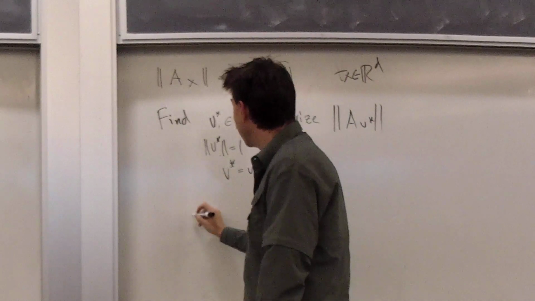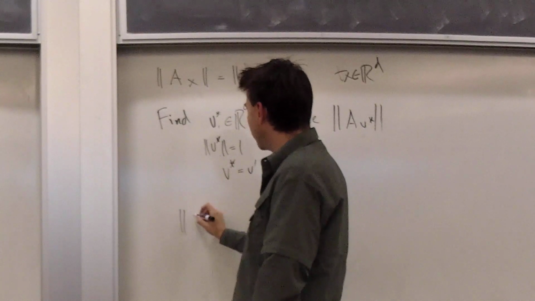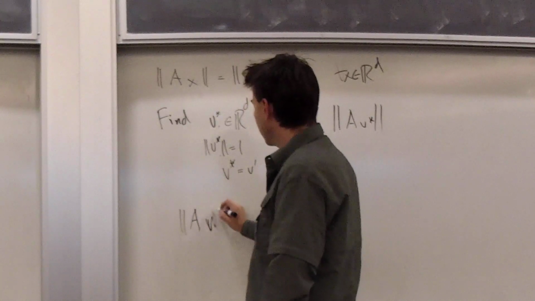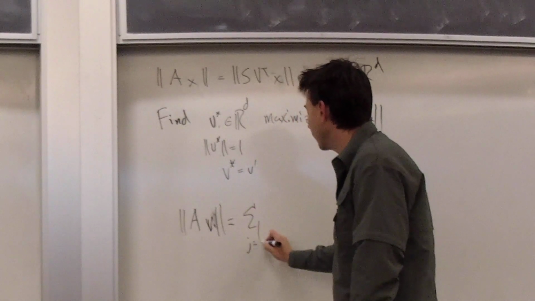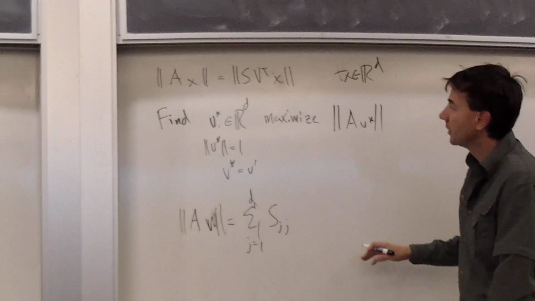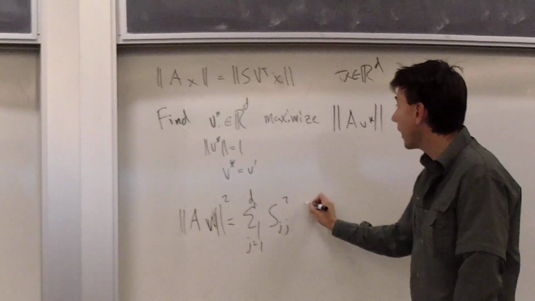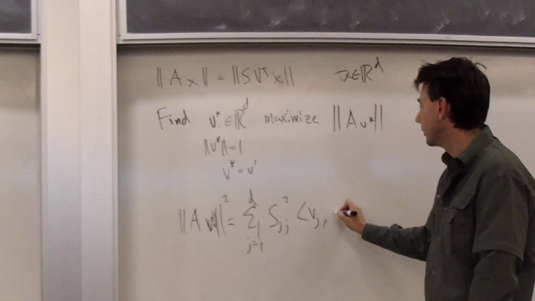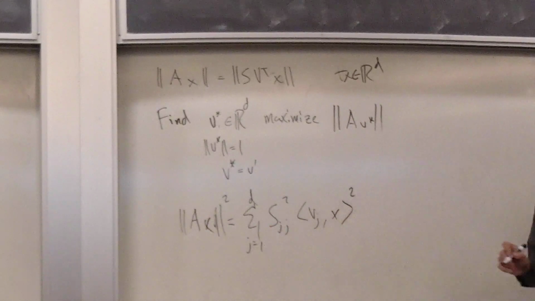Because if this is true, then I can say the norm of A v star, let's just write v, is going to be equal to the sum of j equals 1 up to d of sjj, let's just say it's squared here to simplify computations, times the dot product of vj times, let's call this, x squared.